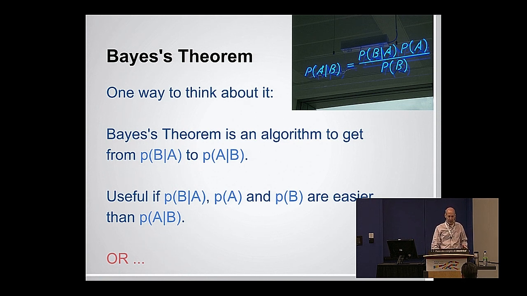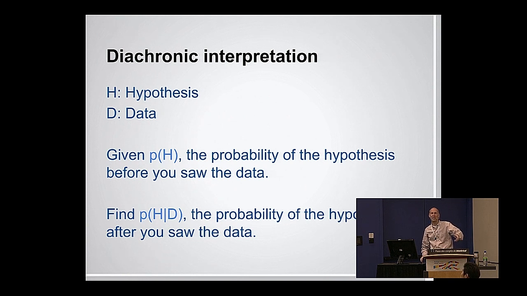Nice, but not quite the interpretation that's usually used in the context of Bayesian statistics. We're thinking about what's called the diachronic interpretation. Diachronic means through time. The idea here is that you have a hypothesis, which I'm going to call H, and some new data that becomes available, which I'm going to call D, and you're doing an update.